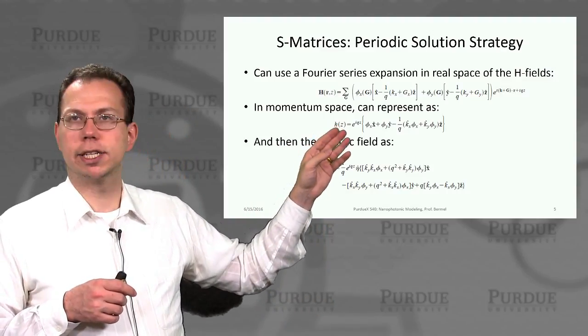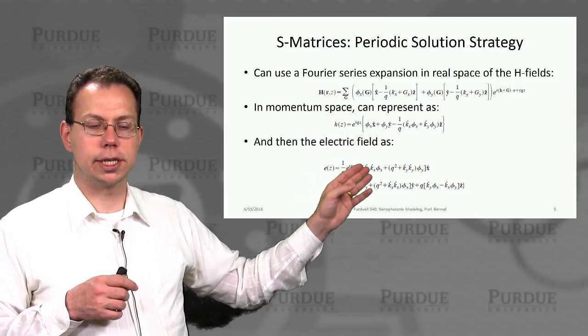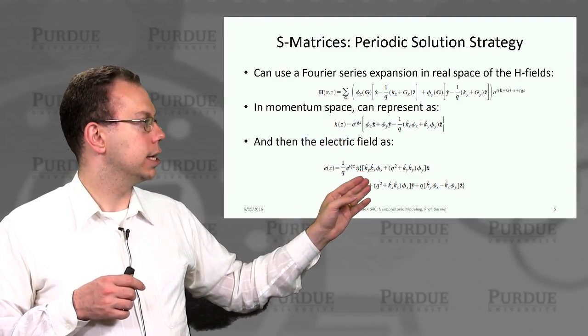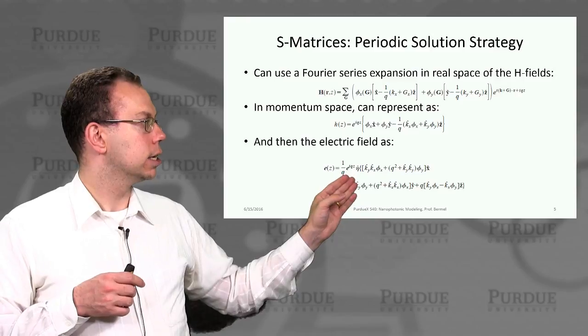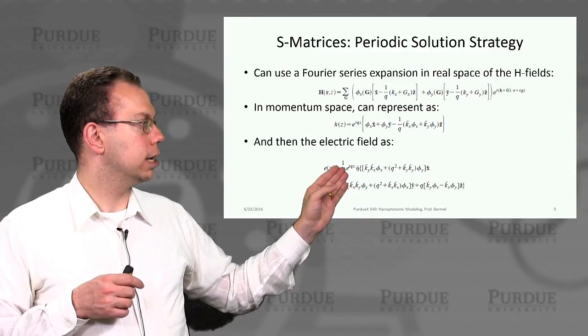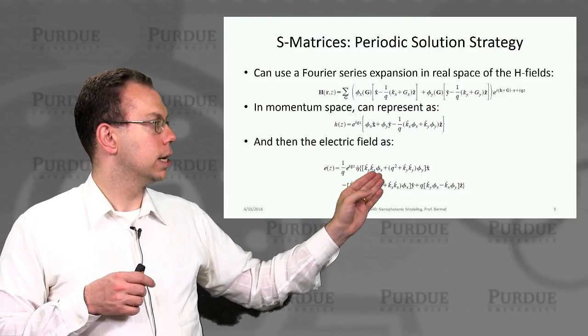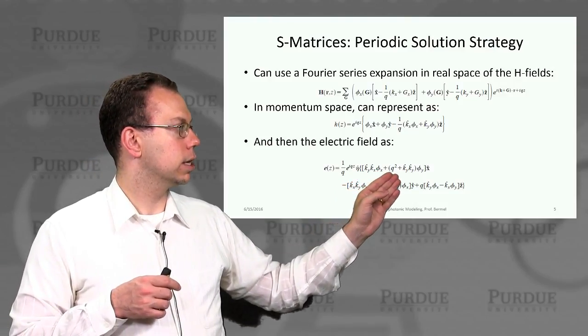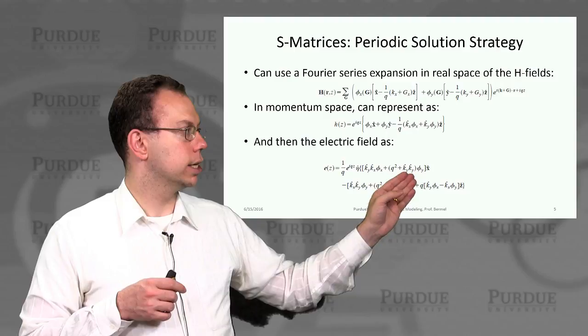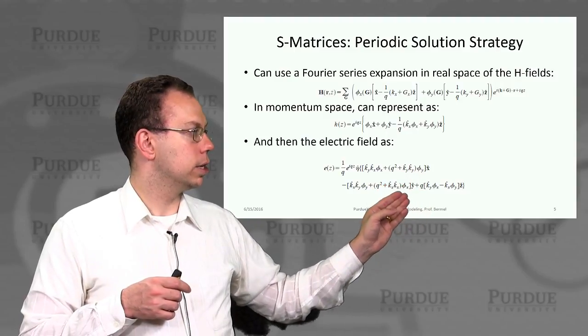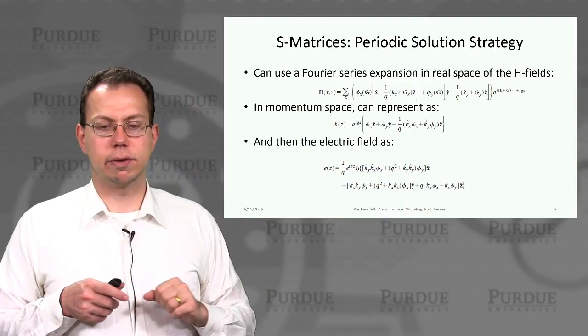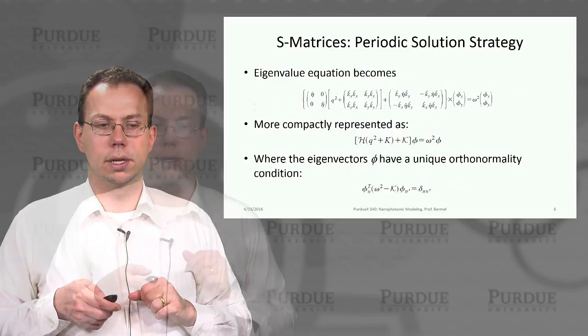And then once we have this H field, we can use Maxwell's equations to calculate the E field, and the E field looks something like this. Obviously it has the same e to the iqz, but there's a 1 over q dependence, and then there's a cross term with ky and kx hat directions, and similarly in the phi y component as well.